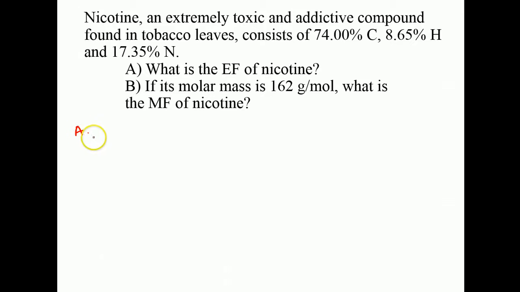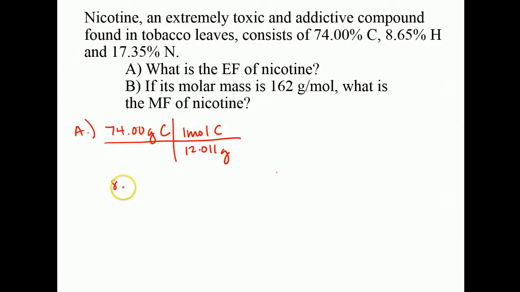All right, letter A first. What's the empirical formula of nicotine? So our process, think about your poem: percent to grams, grams to moles, divide by small, multiply till whole. So we'll start with 74 grams of carbon, 1 mole of carbon, 12.011 grams.